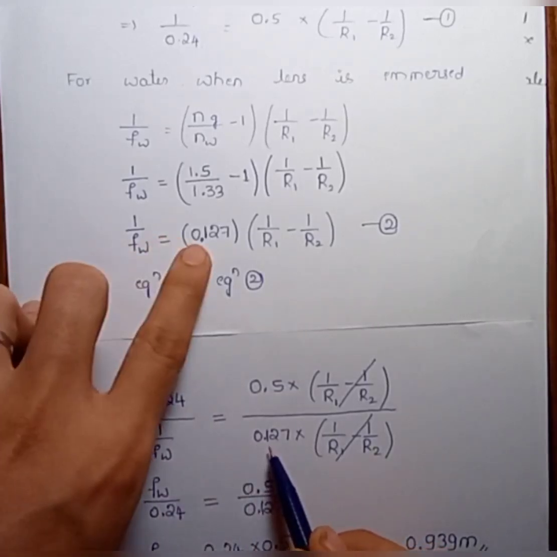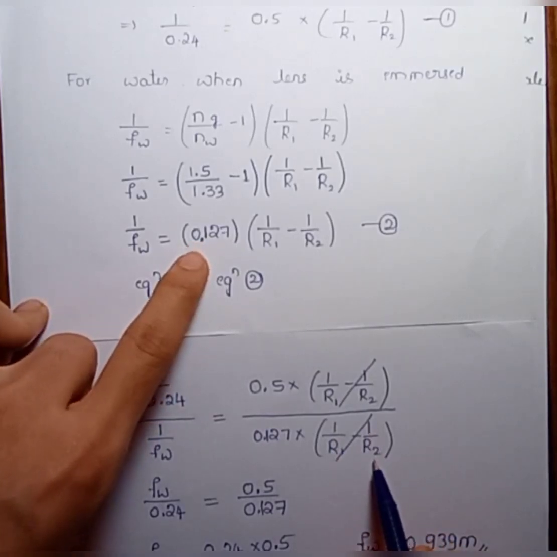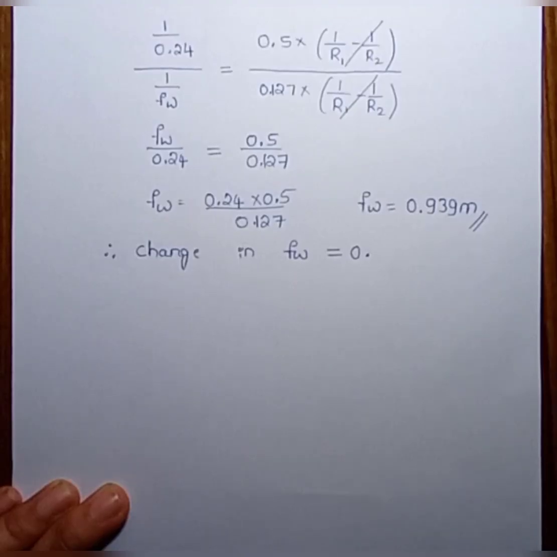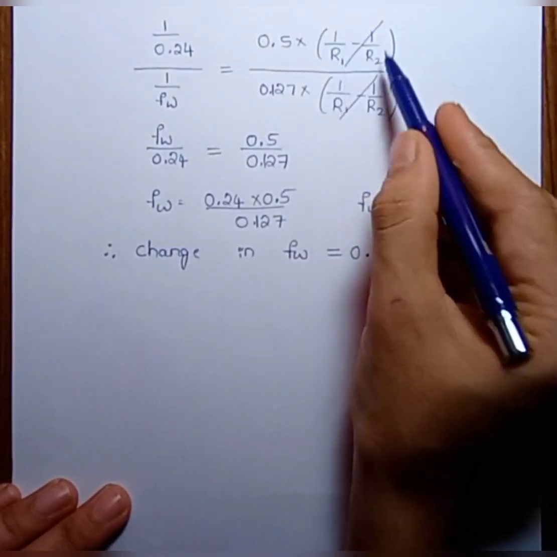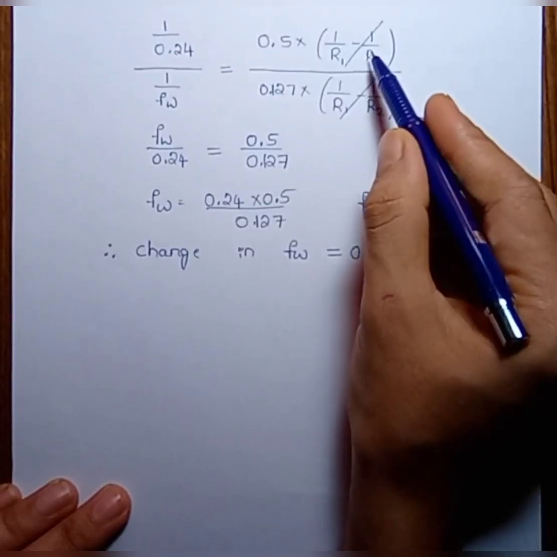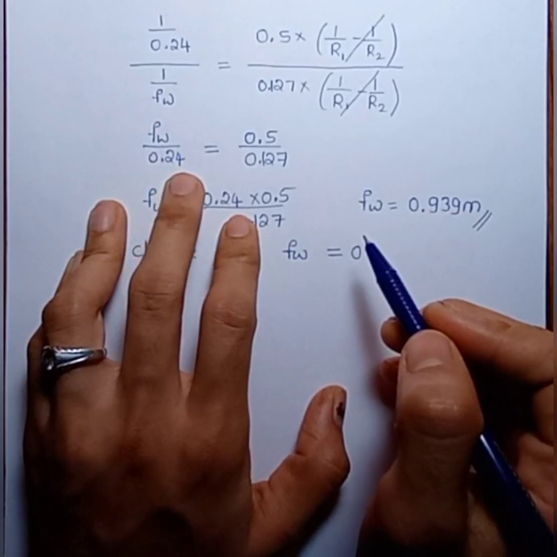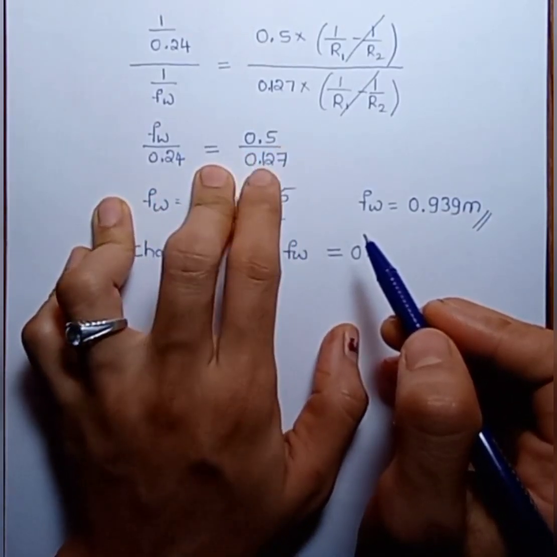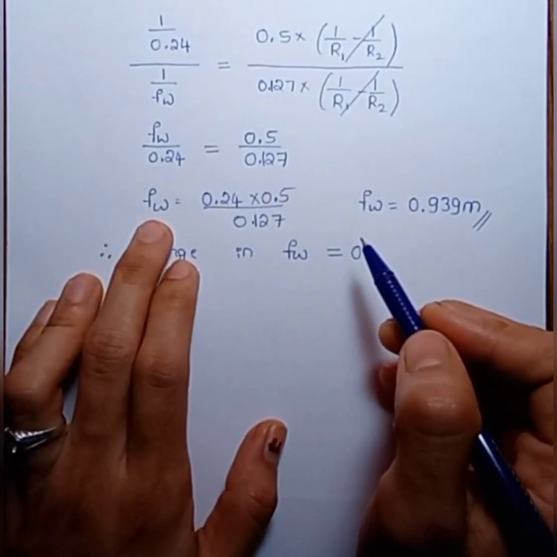On the right hand side 0.127 into 1 divided by R1 minus 1 divided by R2. Here 1 divided by R1 minus 1 divided by R2 is common in both the numerator and denominator. Let's cancel that one. FW divided by 0.24 is equal to 0.5 divided by 0.127. Now what we have to find out is FW.